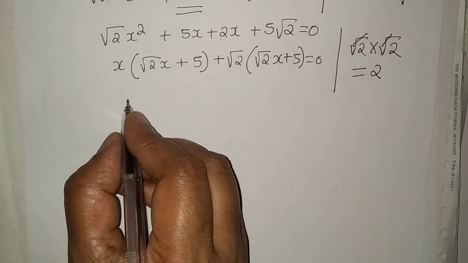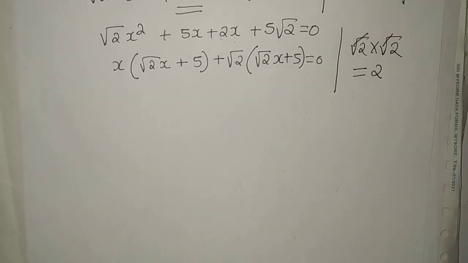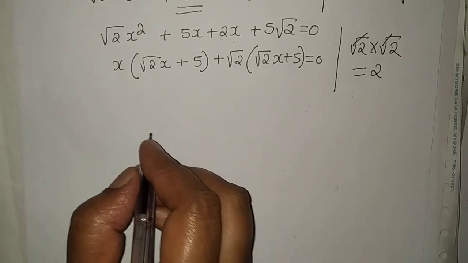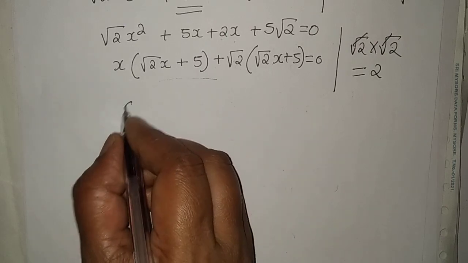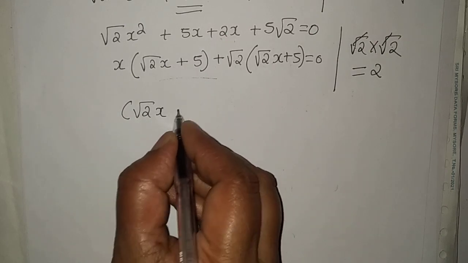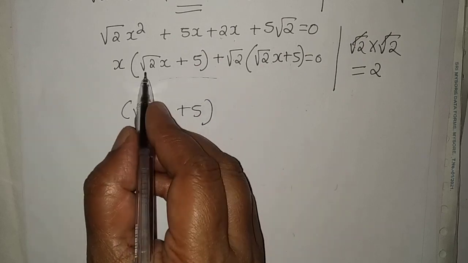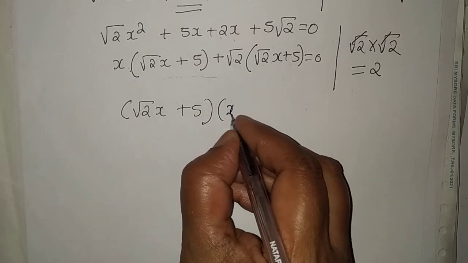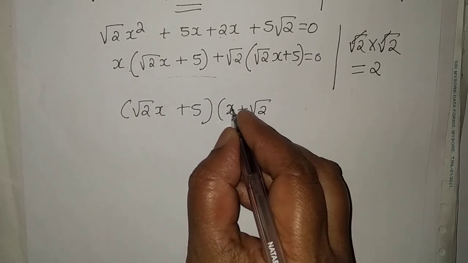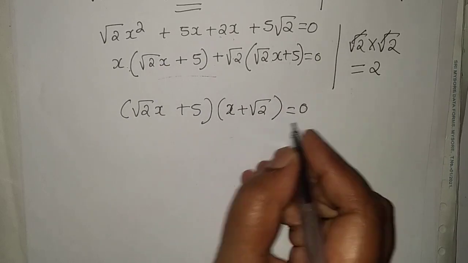So after this we will take this one, that is root 2x plus 5, then this one is x plus root 2. X plus root 2 is equal to 0.